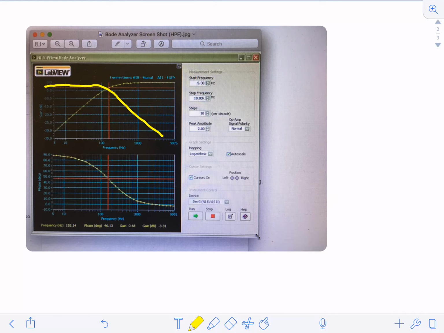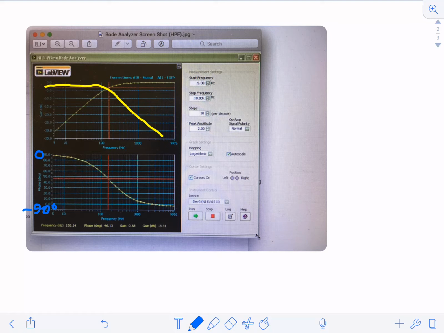And so the other part of it is that what you'll also be seeing is that the phase shift down here goes from 90 down to 0, but on the picture as shown. But what yours will be doing is starting at 0 and going down to minus 90 degrees.